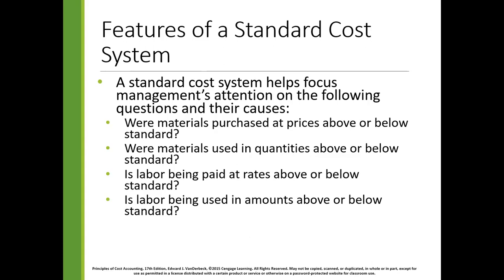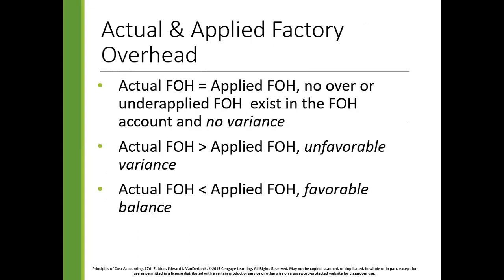We're going to see that in the material cost variance. Were materials used in quantities above or below the standard? Again, that's the material quantity variance. Is labor being paid at rates above or below the standard? That's the labor rate variance. Is labor being used in amounts above or below the standard? That's the efficiency variance. So again, those are some of the questions that we answer in doing these calculations.